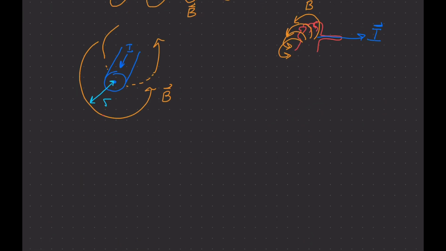ds is the direction, or it is the distance, or let me see how I can explain this. So dr is a little piece of the wire, or a little piece of the radius, which goes from the wire to the magnetic field, and it is a magnitude of 1.